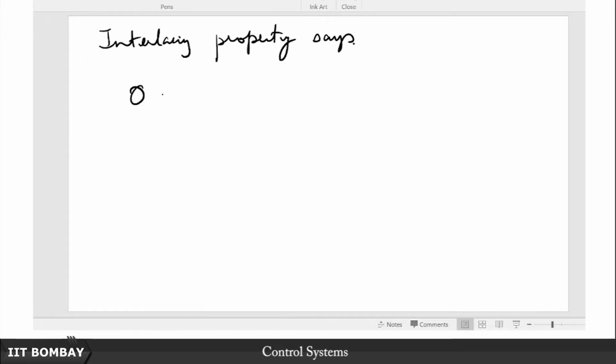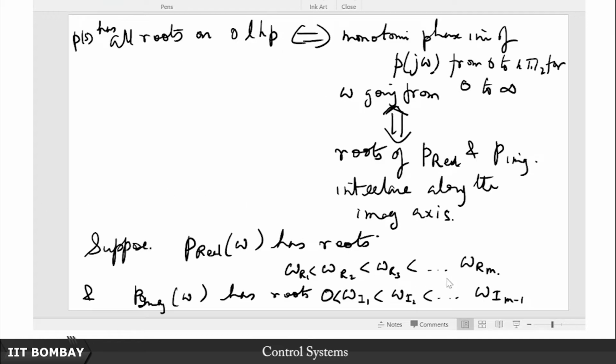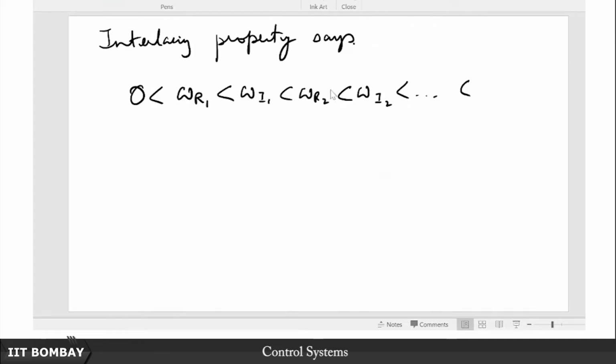Then I have 0, omega r1, omega I1, omega r2, omega I2, and so on till omega I(m minus 1) and omega rm. So this is what the interlacing property says.